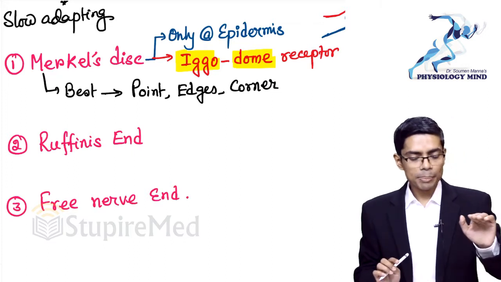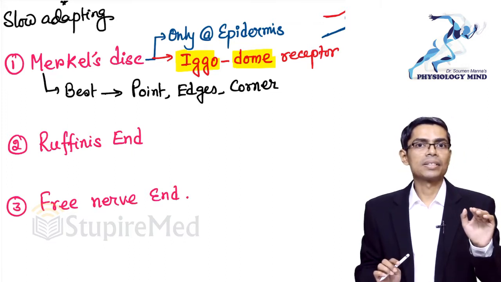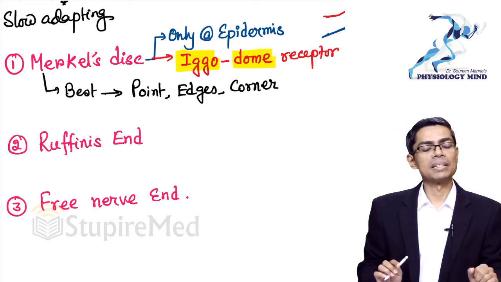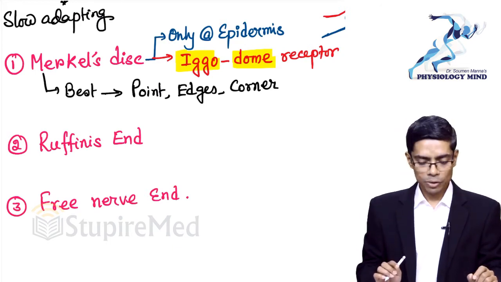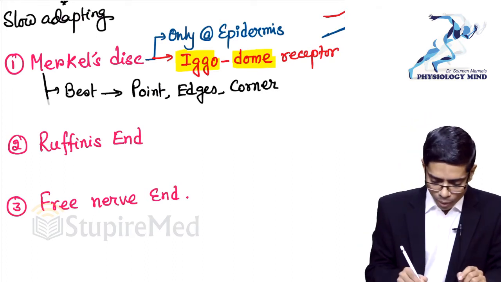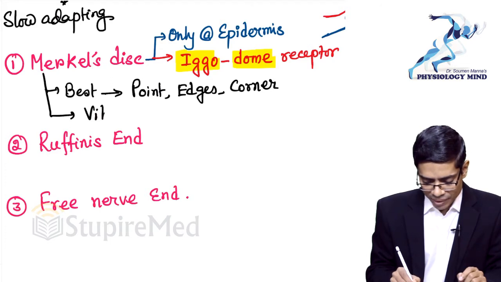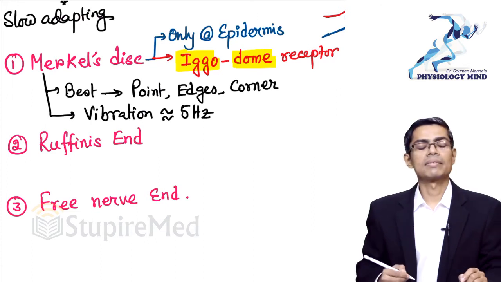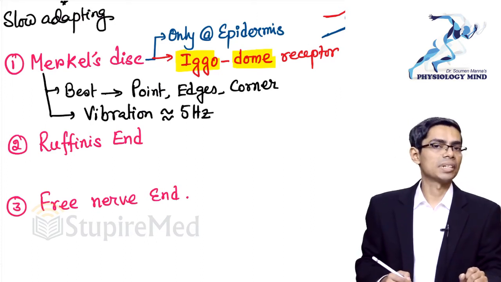You can easily palpate those edges. Edges and corners are best detected by these Merkel's discs. So please remember point, edges, corner. It can also detect vibration, but the frequency should be very low, 5 Hz only, right?